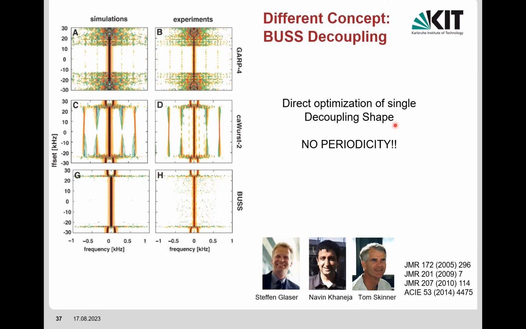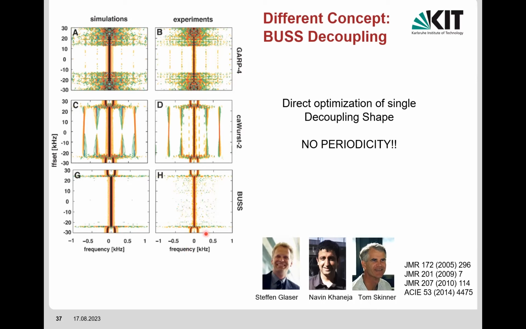And I think it's only now that this is computationally possible. And this Bus sequence here gives better decoupling than Wurst decoupling, for example, or here much better, of course, than the GARP4. And it gives better decoupling, no sidebands, I should point out.